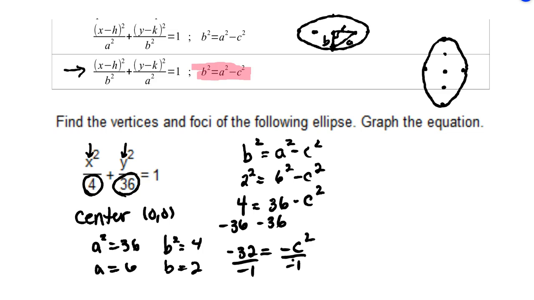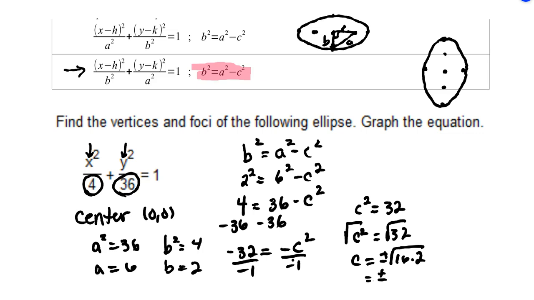Divide both sides by negative 1, which gives me c squared equals 32, and I can square root both sides, giving me c equals plus and minus, 32 is 16 times 2, so that's plus and minus 4 square root of 2. So c is going to be a distance, which is positive. So that's 4 square root of 2.